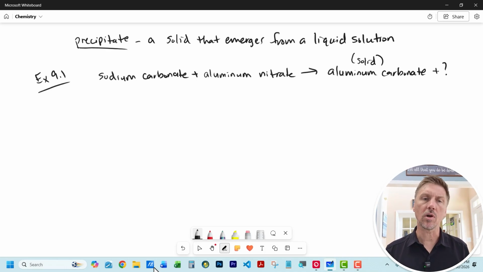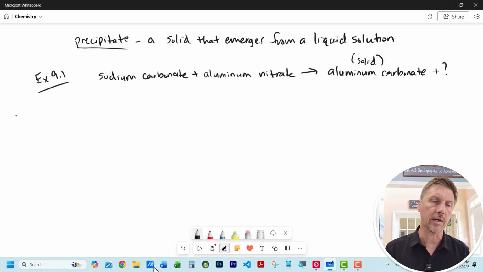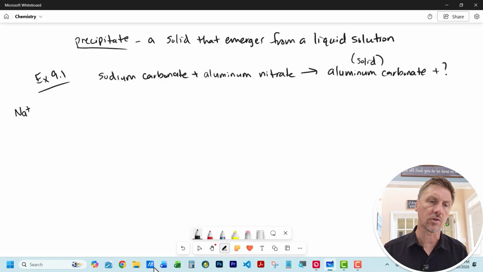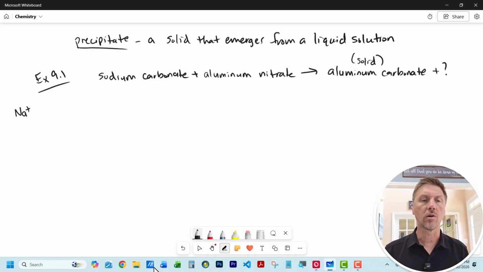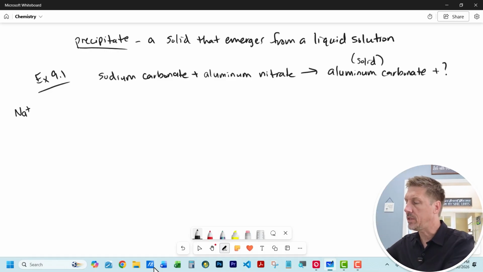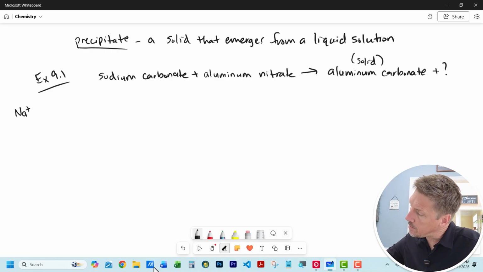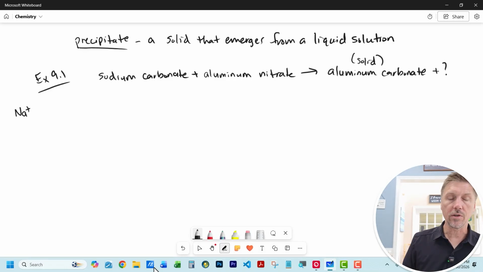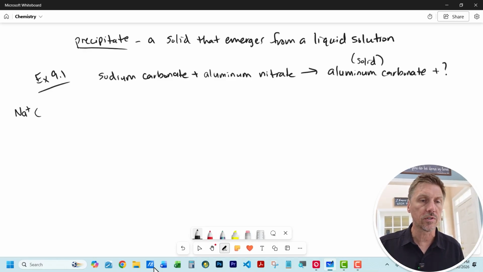When we talk about sodium carbonate, we go to the periodic table and we see that sodium is in column 1A, so it has a charge of 1 plus. Carbonate, we go to our table on page 245, and hopefully you have already memorized these at this point, but it's CO3 with a 2 negative charge.